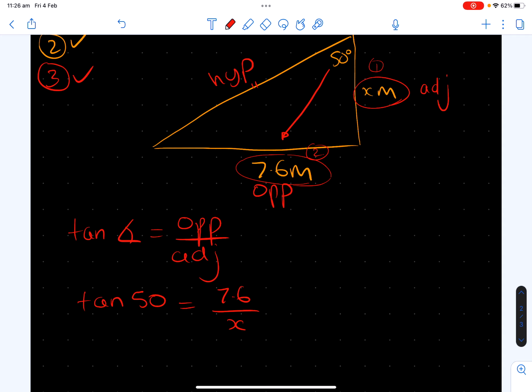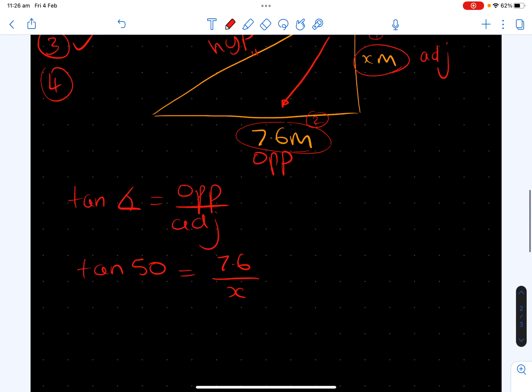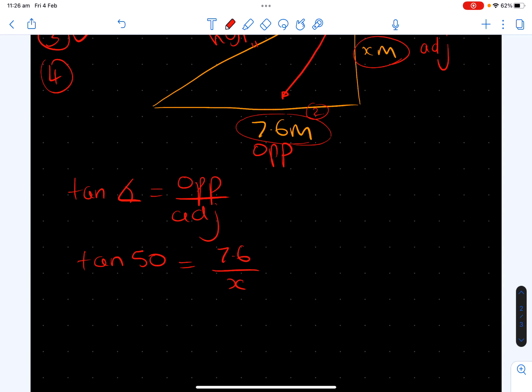So now we are going to solve the equation, which is where we are going to be rearranging it to get x by itself. So what we're going to do here is times both sides by x, like what we did before, to get x by itself.